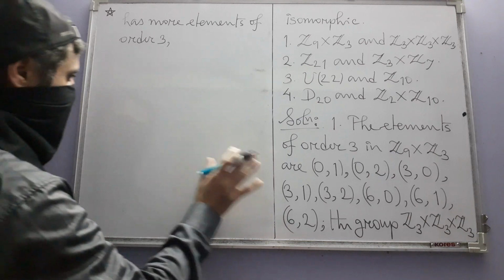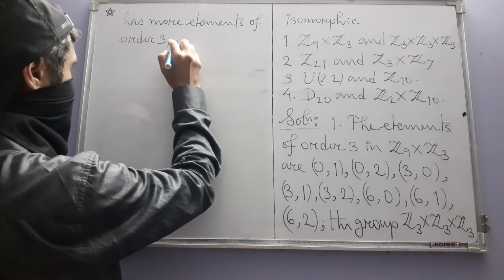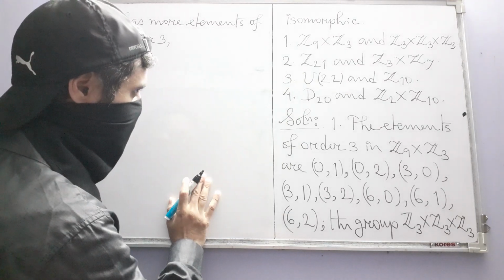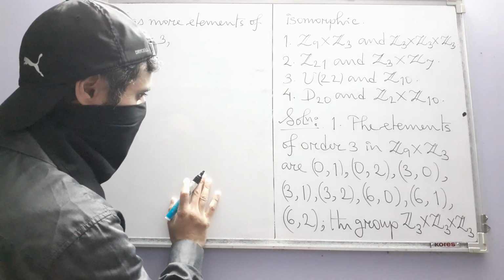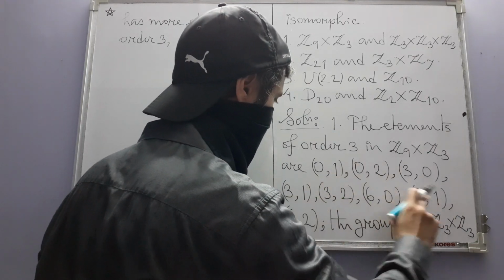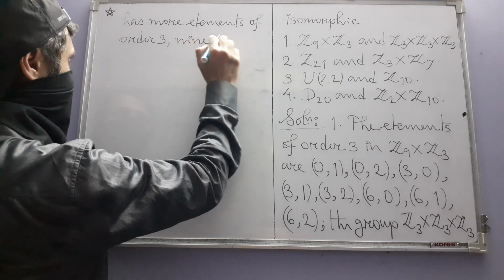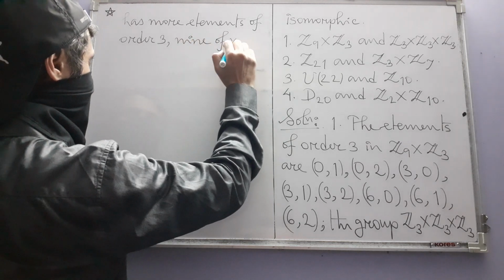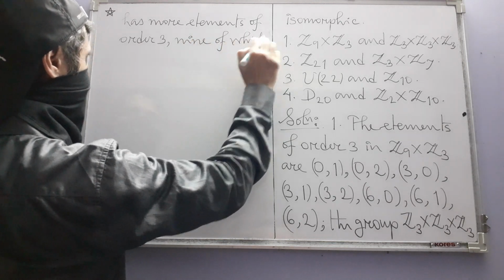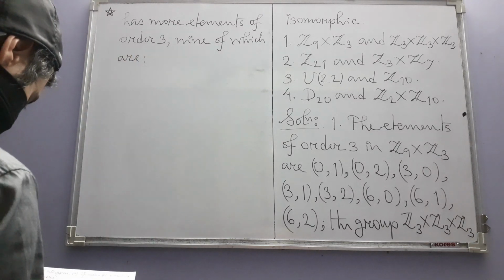To make it somewhat more clear, let us also add here, so how many we have found here? 8, no? 1, 2, 3, 4, 5, 6, 7, 8. So let's write like this: 9 of which are as follows.